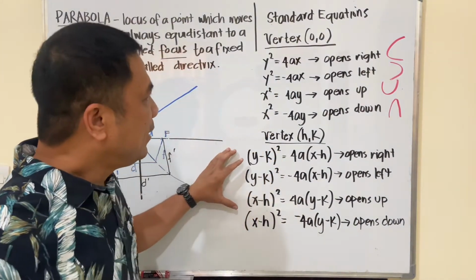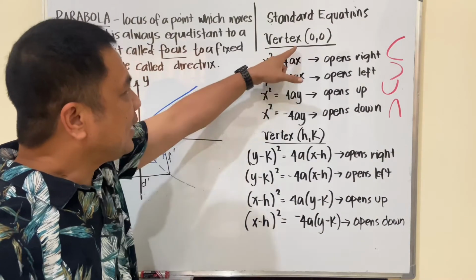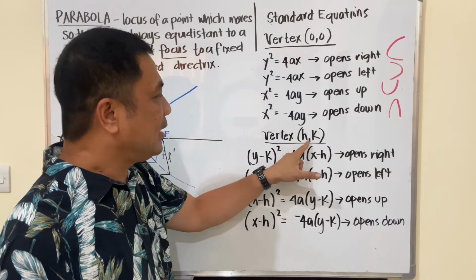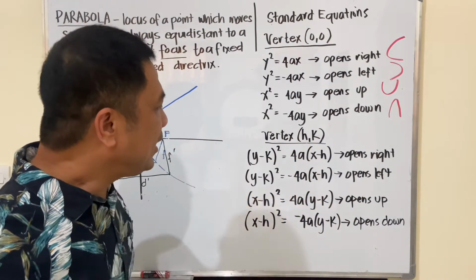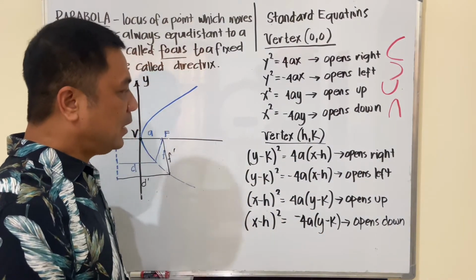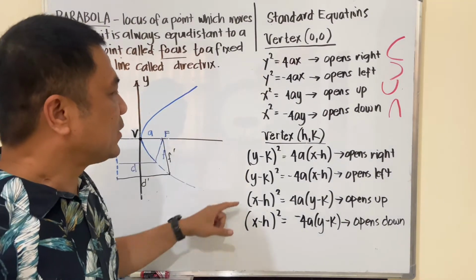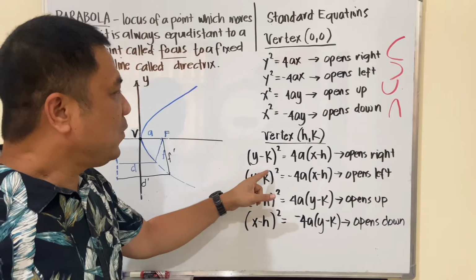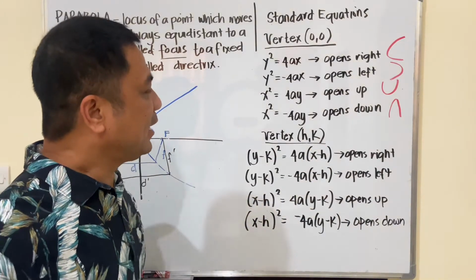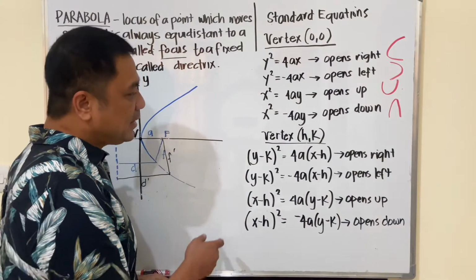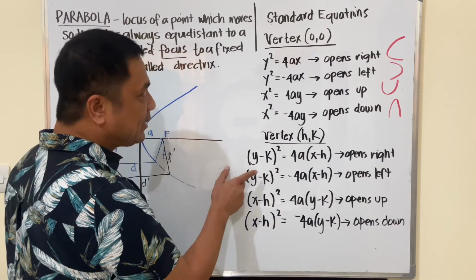Now the forms of parabola wherein the vertex is not at (0, 0), but instead the vertex is at (h, k). It's somewhat similar to our first four equations here, but this time we are considering the vertex at point (h, k). These are the standard forms.